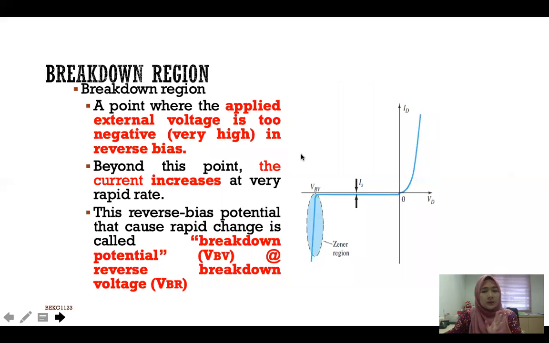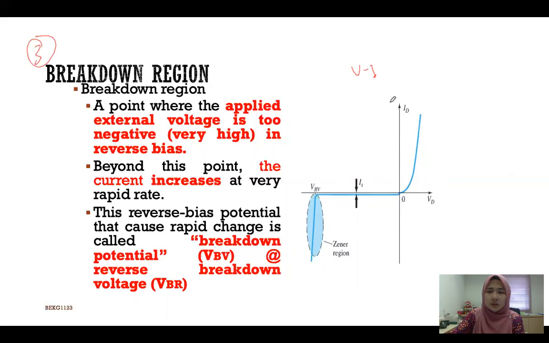Other than the forward bias region and the reverse bias region, we have another region which we call the breakdown region. This is the third region, the breakdown region. Remember this figure, this is the VI characteristics. We call this graph a VI characteristics.